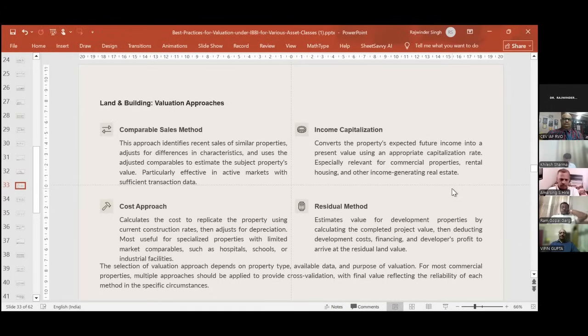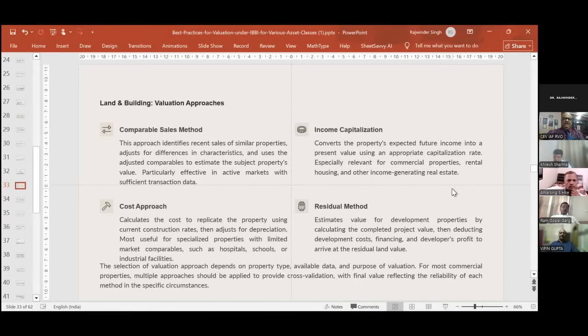The first method is the comparable sale method. This approach identifies recent sales of similar properties. Friends, please note, these best practices are not mentioned in any book available in the market. So it is very important to understand each and everything for your particular asset class, how to provide a valuation report.